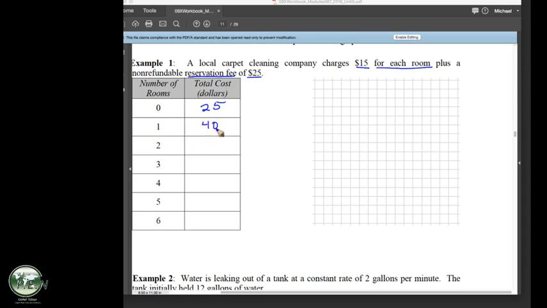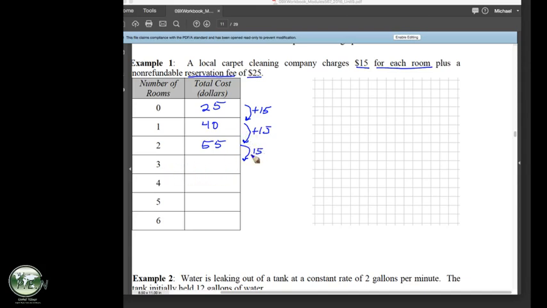Now, do we have to pay that $25 again? No. We do 1 more room, another 15. So each time we just add another 15 per room, because once we got them out there, we're just fine. Add another 15. So you see the slope is 15.